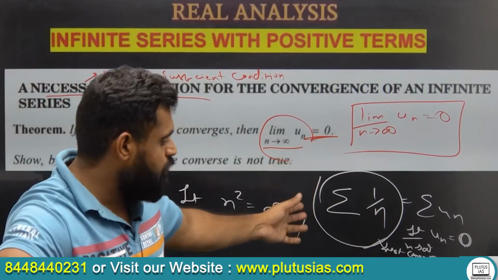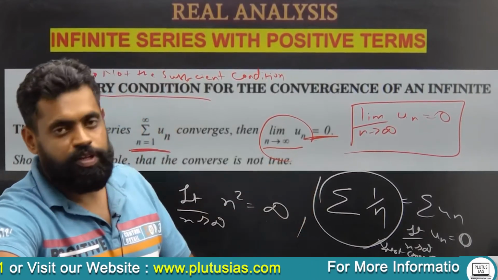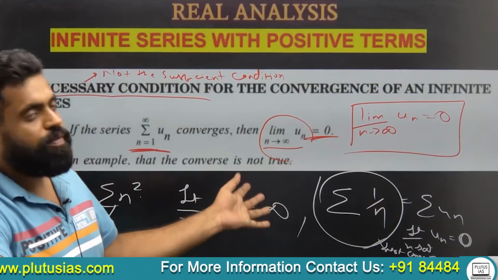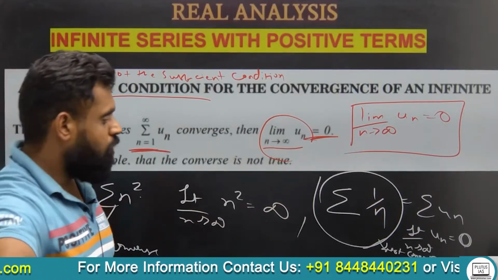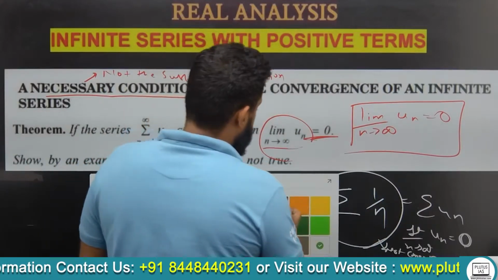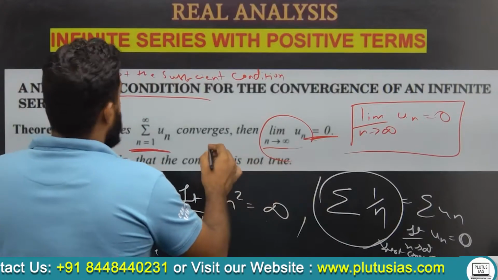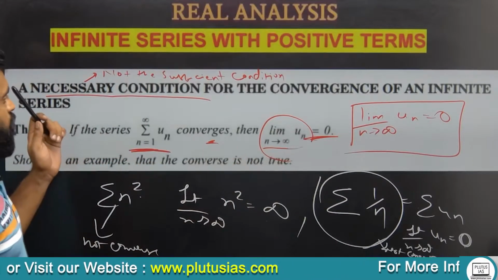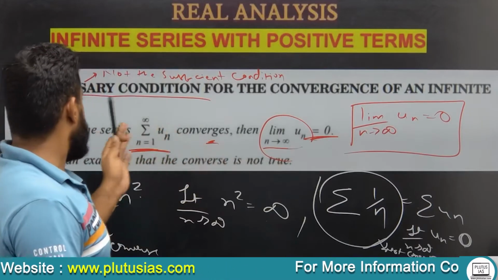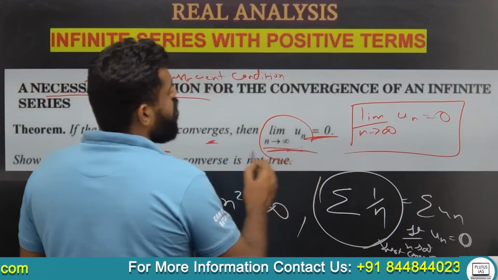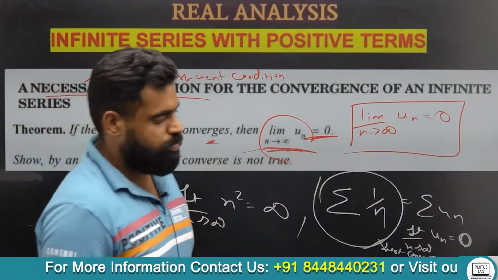If we get the value 0, then what are the methods which we have? What are the tools we possess so that we can check whether a series is convergent or not? But this is a very important property, or I would say a condition. That is the necessary condition for convergence of an infinite series is that limit n tends to infinity, un is equal to 0.